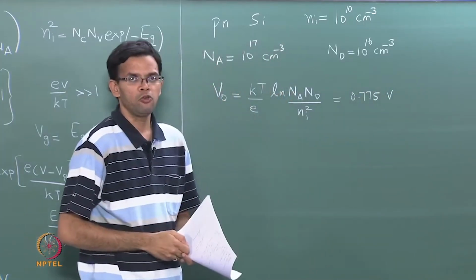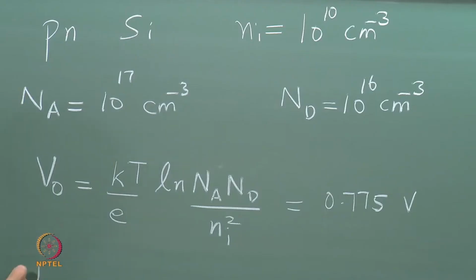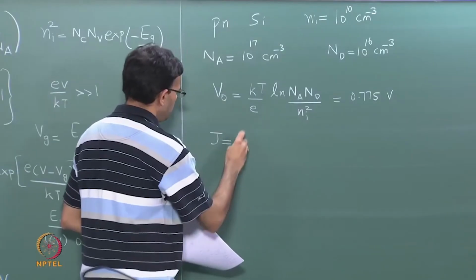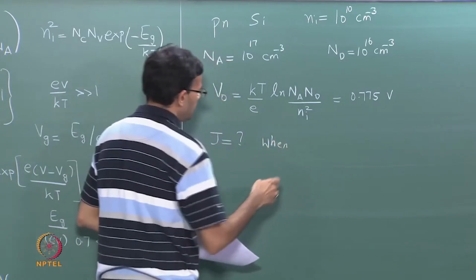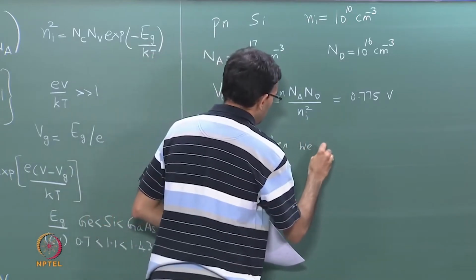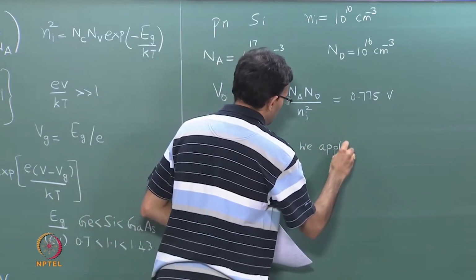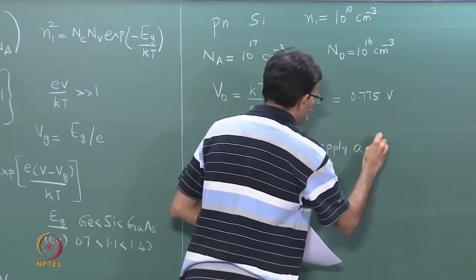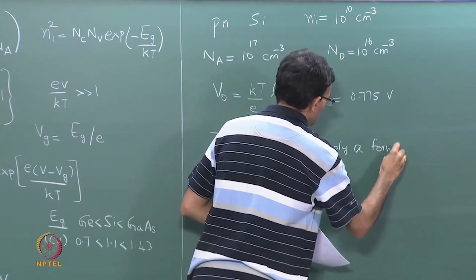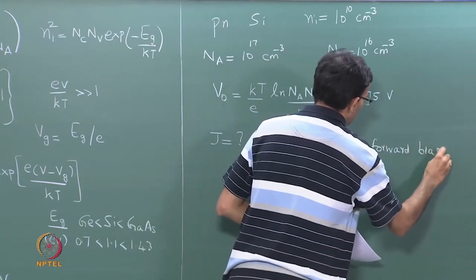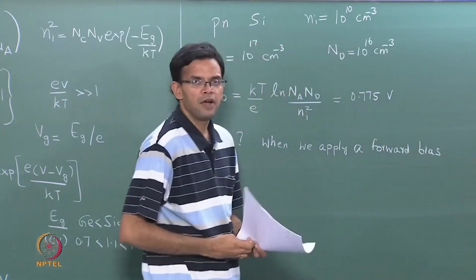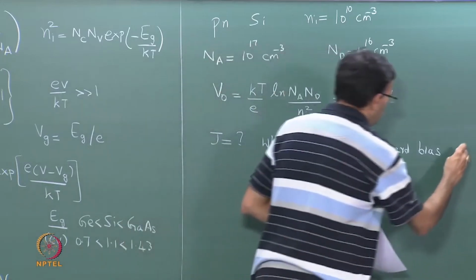So, we want to know what the current is. So, we want to know the value of J when we apply a forward bias. And let me take the value of the voltage to be 0.5 volts.